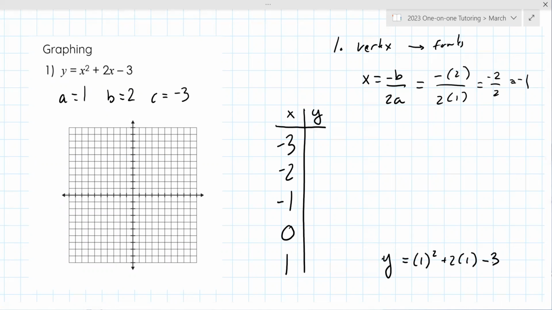My calculator can't do Y. Okay, so you'll have to do it in pieces. You'll have to do 1 squared first and then 2 times 1, and then you can combine the results.